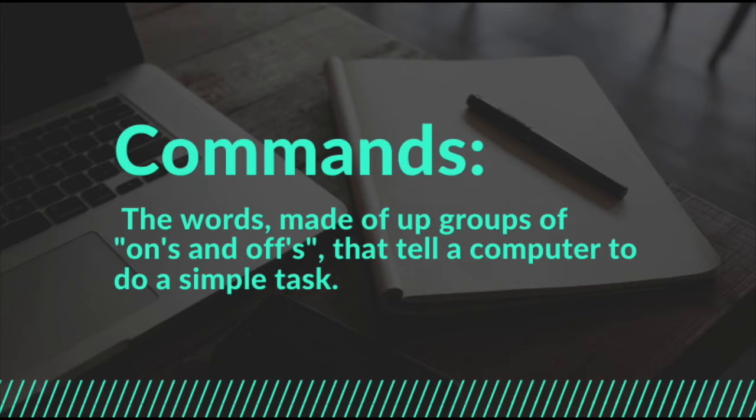Commands might tell like 12 on and off switches to turn on or off in a certain configuration, and your computer would do a specific thing. These were like go left. Actually, the little keyboard buttons on your keyboard send programming commands to your screen and tell it what to do, whether it be left and right, whether it be to type a number on the screen or a letter. That all works with code.